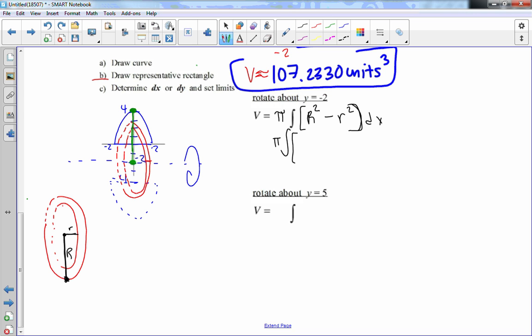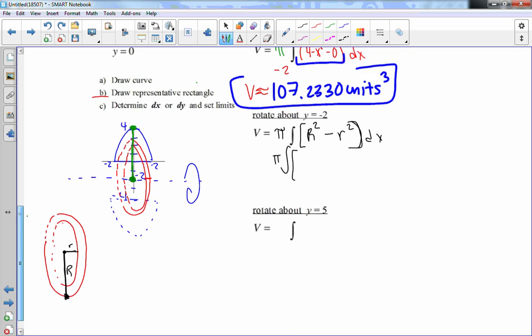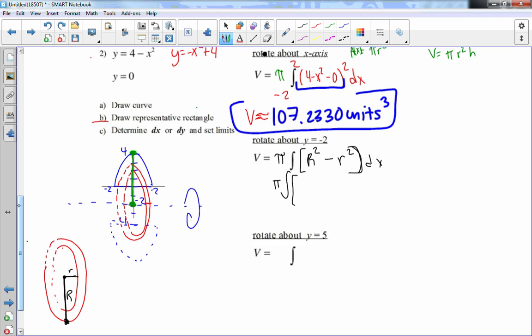This is the long big R. This is the quadratic function, is it not? Minus y equals -2. That's big R. So the quadratic is 4 minus x squared, that's the top, minus where I'm revolving around, which is the bottom of that radius, -2. We'll square all that.